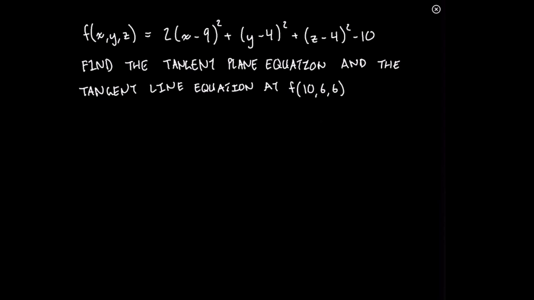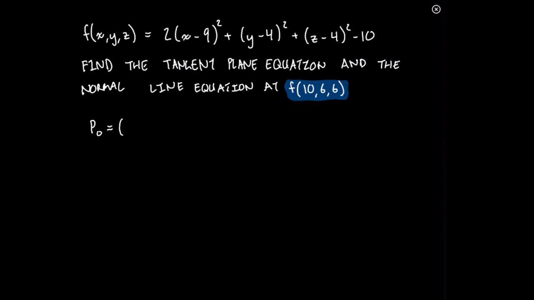Okay, in this problem, we're given f of x, y, z is some function. Find the tangent plane equation and the normal line equation at f of 10, 6, 6. So what does this mean? This is the point that we're looking for the tangent plane at. So we already know what P naught is.